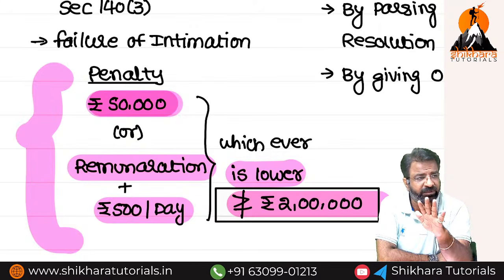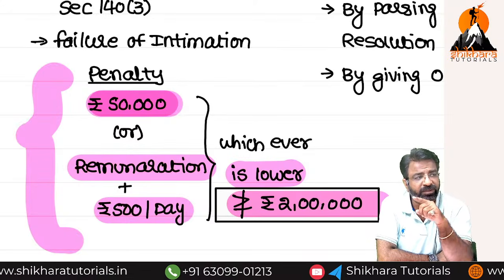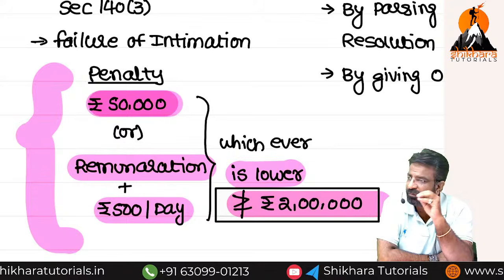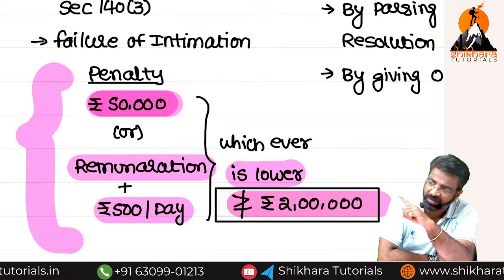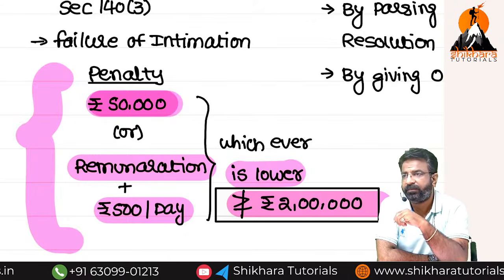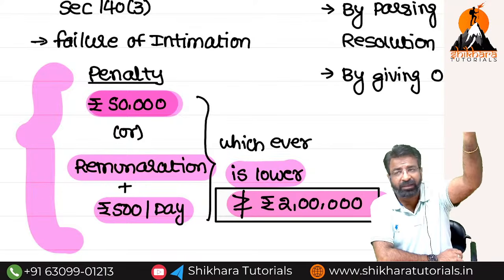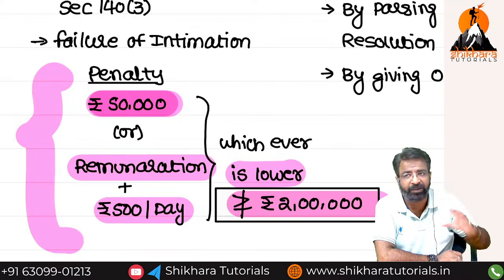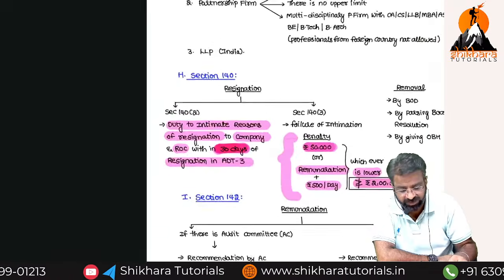So 50,000 plus how many extra days I took? 37. Per day how much? 500. So 37 into 500 makes it 18,500. So 18,500 plus 50,000 put together shall not be more than what? 2 lakhs. If I fail to give the reason, that flat penalty plus per day penalty put together shall not be more than 2 lakhs.